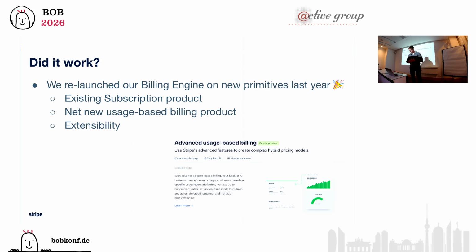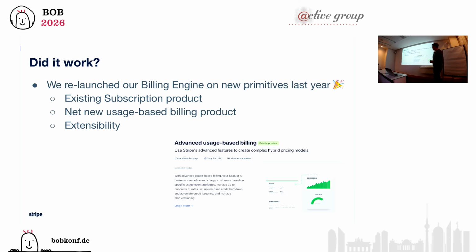So the question is, did it work? It did. We actually relaunched our billing engine with new primitives last year. And there's a couple of things that came out of that. One is our existing subscriptions product was relaunched with a bunch of new features that we were struggling to release before this.